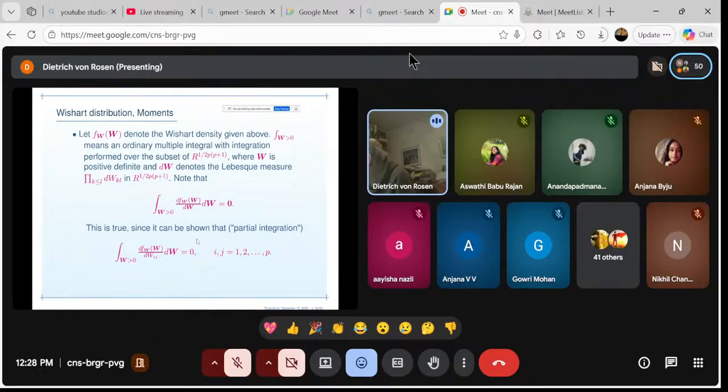So then we get some kind of multivariate partial integration relation of this type here, that if you differentiate the density with some element, it's equal to 0.